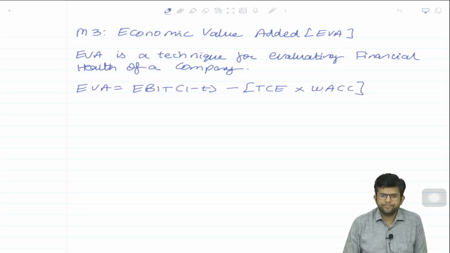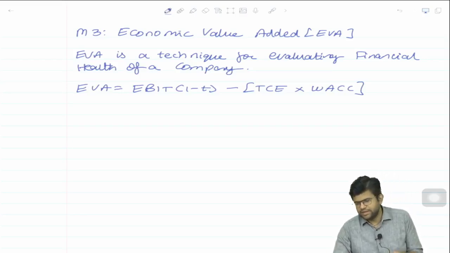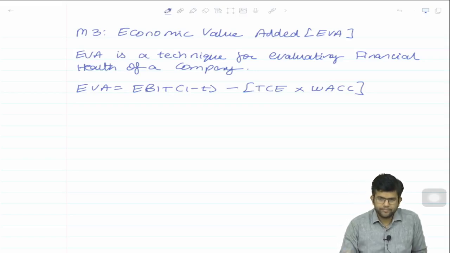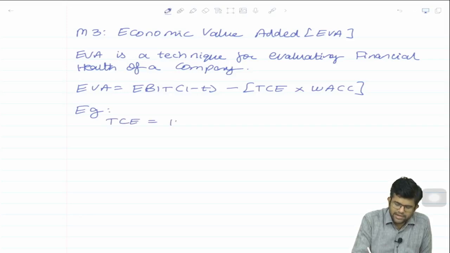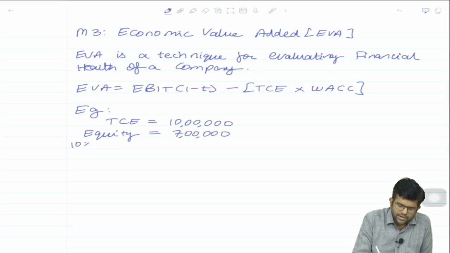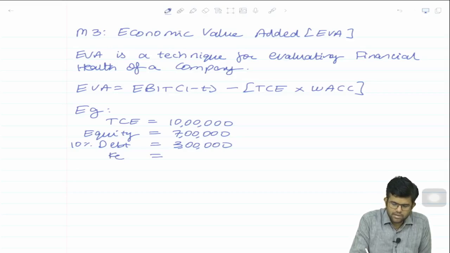Are we ready? Okay. Now keep your pens down. Let's understand this. Let's say there is a company. Total capital employed is, let's say, 10 lakhs. In that, equity raised is 7 lakhs. And 10% debt raised is 3 lakhs. KE is, let's say, 12%.